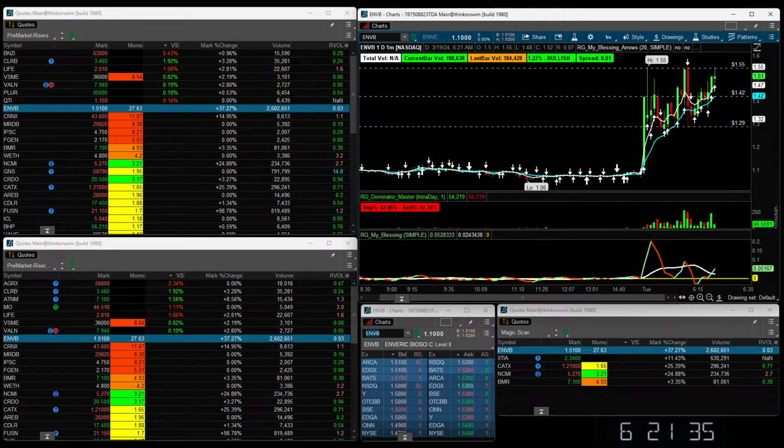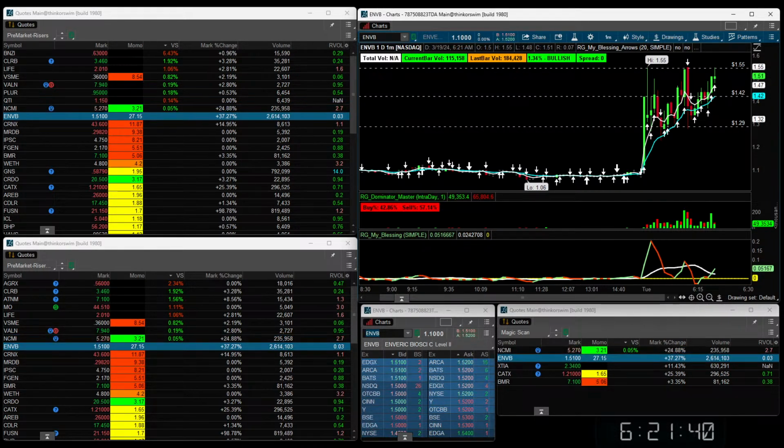There is a possibility, with nothing else moving in pre-market, that they find this one bouncing around and drive it up. We've seen that happen a few times. Only thing moving and everybody finds it and drives it up.